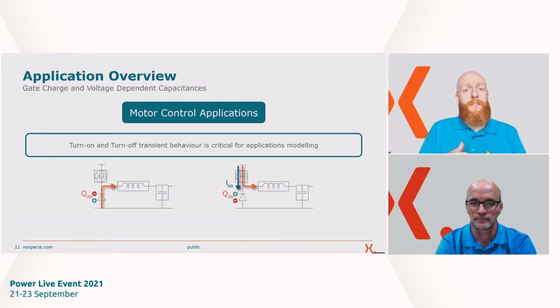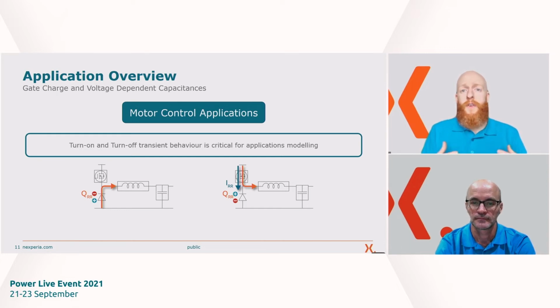So to add to that, the diode recovery is just one part of modeling the electromagnetic performance of a half-bridge system. We want to be able to accurately represent what happens in both the turn-on and the turn-off transients of your MOSFET in such applications. And therefore, we need good modeling of all the dynamic characteristics. And that really boils down to accurate modeling of the capacitance.